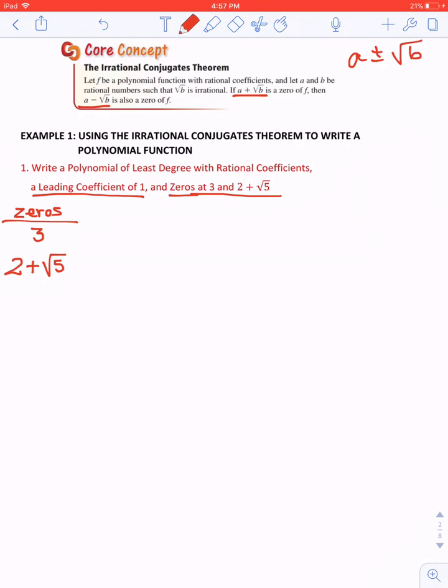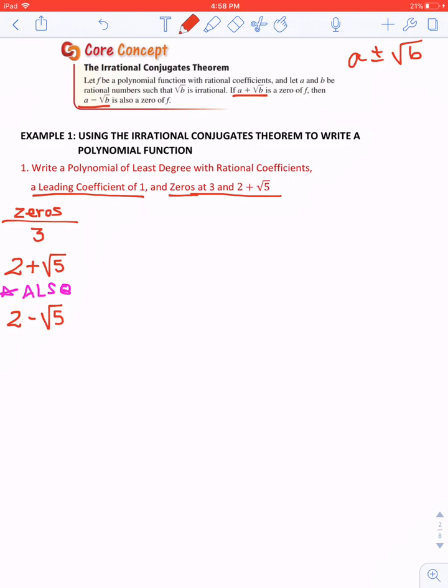So this is where that theorem comes in play. The irrational conjugates theorem tells me that if I am told that I have a 0 at 2 plus root 5, I should always remember that there is also another ungiven 0. The irrational conjugates theorem tells me that there is also a 0 at 2 minus root 5.